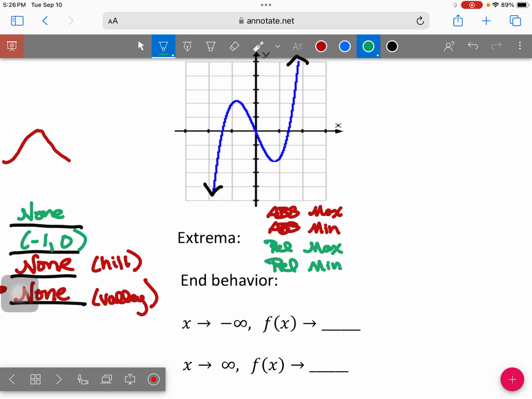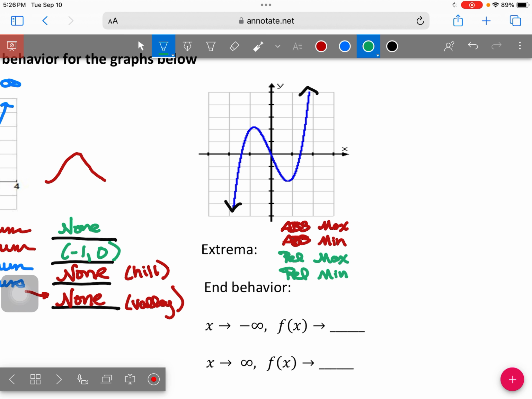Absolute max means, do I have a highest point? As soon as I put these arrows on the end, that says my graph really goes up off the page. It continues to go up forever. So I do not have an absolute maximum point here. Likewise, with the arrows going down, I do not have an absolute minimum. There is no lowest point there.